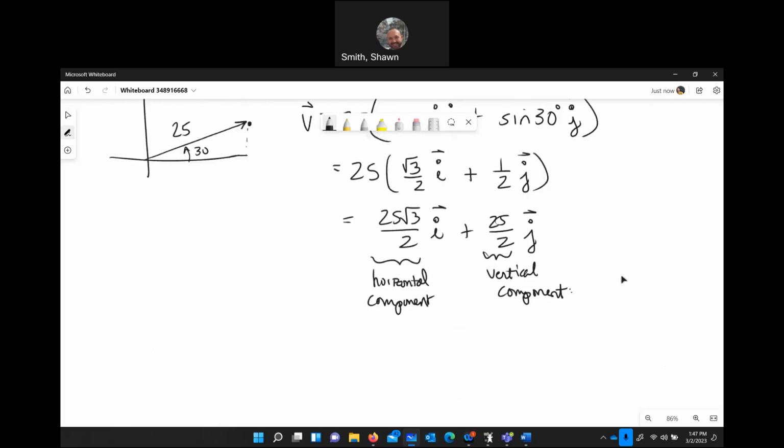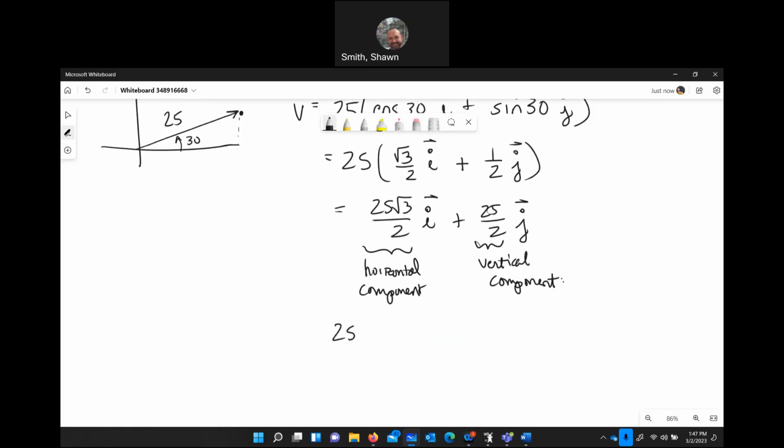This is just 25 square root of 3 over 2. I have that put in the calculator. That comes out to be about 21.65 miles per hour in the horizontal direction.